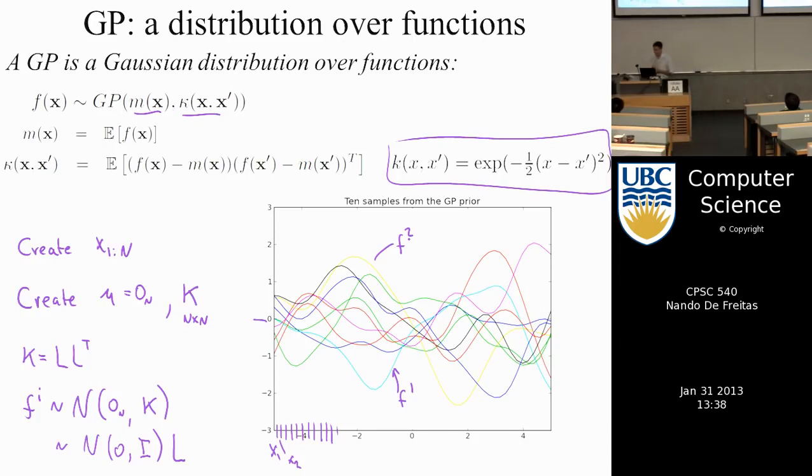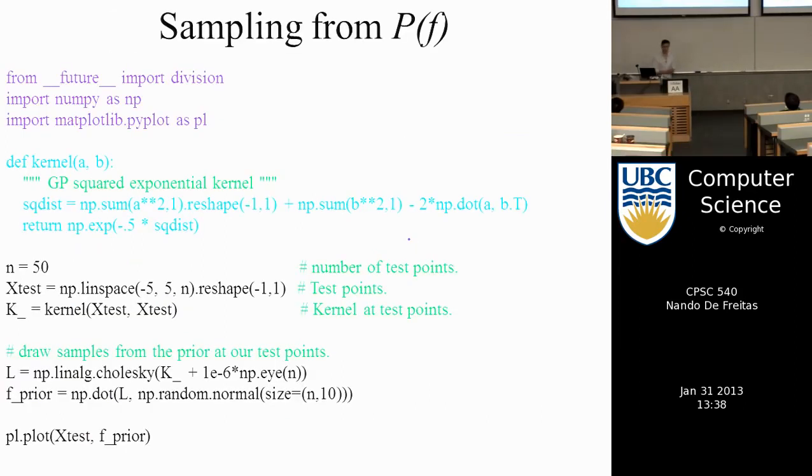The code that I used to do this is this code. This code basically says that it's 50 points, n is 50. I then generate a regular grid of points for x. I compute the kernel matrix. To compute the kernel, I just call this function called the kernel function, which you pass a and b, and it returns the value of the kernel. And it's this e to the minus squared distance.